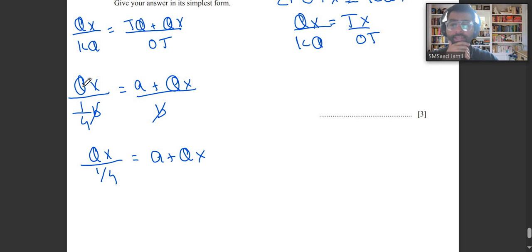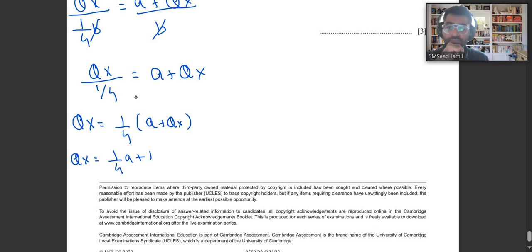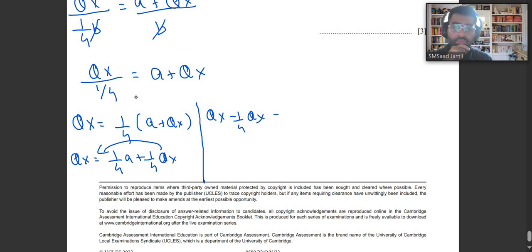So now in this part, QX is equal to 1/4 multiplied by a plus QX. QX is equal to 1 upon 4 a plus 1 upon 4 QX. Now QX minus 1 upon 4 QX, because we shifted it over there, is equal to 1 upon 4 a.